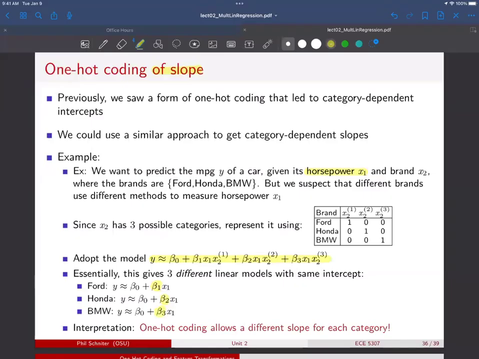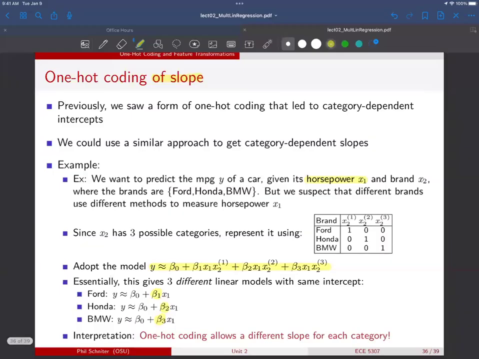If the slope coefficients really are the same across categories, we'll get an advantage from using more data. And we'll see exactly why that is in a later unit. But you get something out of using fewer numbers to model data if that's the appropriate choice. If there's no single number that can fit your data, then it's better to split it and do a category-dependent fitting.